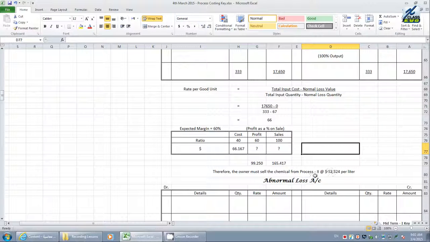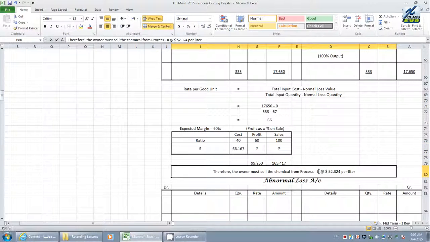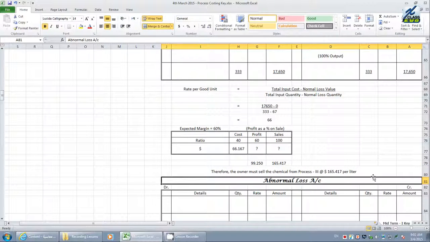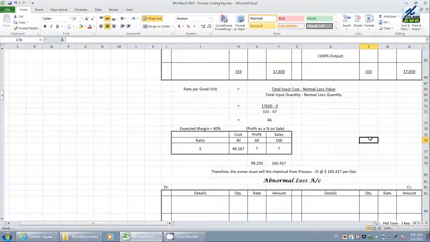Therefore, how much does he have to sell? The output of process 3, the owner must sell at a value of $165,417.